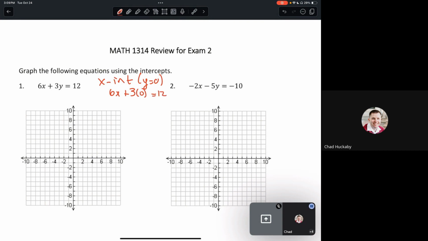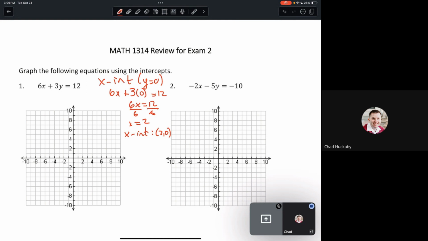Well, that 3 times 0 just drops out because 3 times 0 is 0, and we have 6x is equal to 12. And then we can divide both sides by 6. So x is equal to 2. So our x-intercept is the point 2, 0.